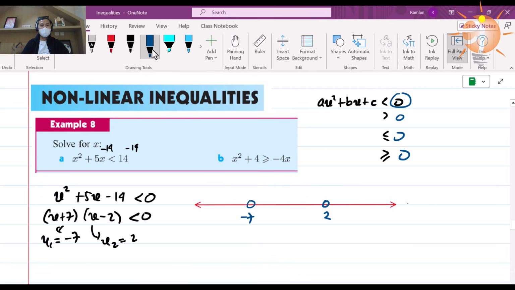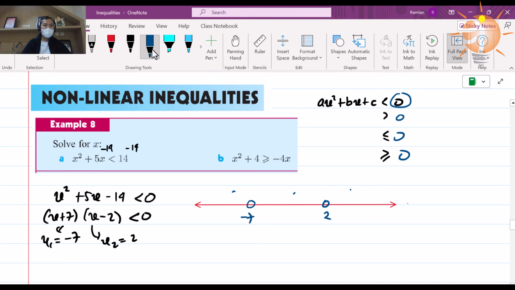The next thing we need to do is find out which part is positive or negative, because it says here less than 0. There are only two possibilities: either less than 0 or greater than 0, right? If the whole thing is less than 0, it means it's a negative number. If it's greater than 0, it means the number is positive.